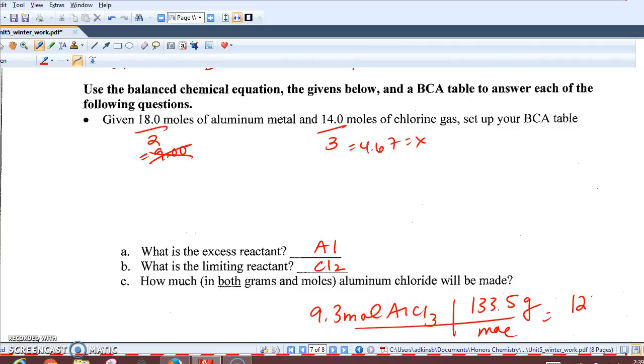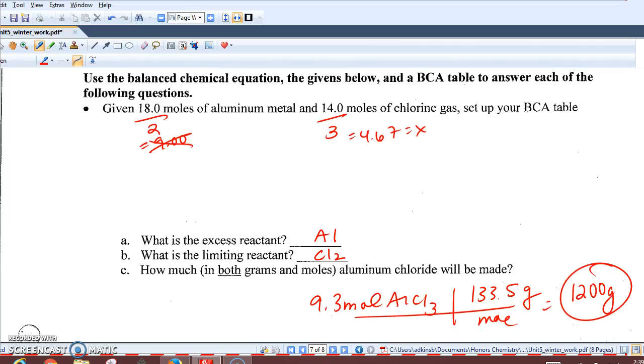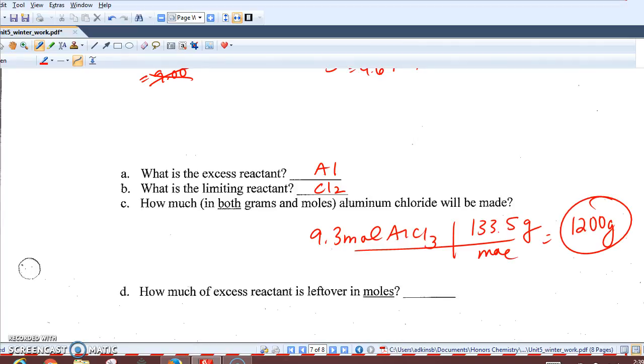You should have gotten about 1,200 grams for your answer there. And the last question asked how much is left over in moles, and that was around 8.7 moles from your BCA table up top.